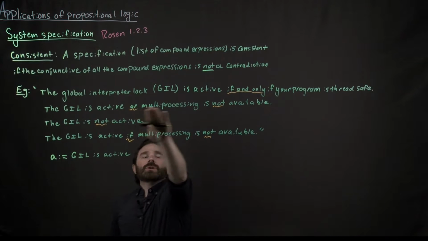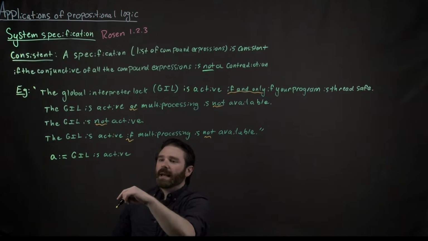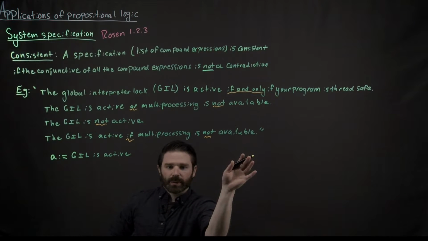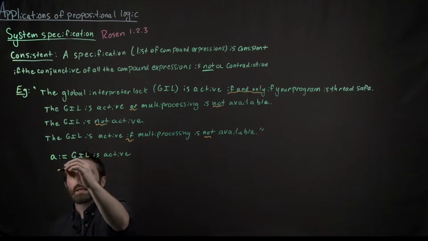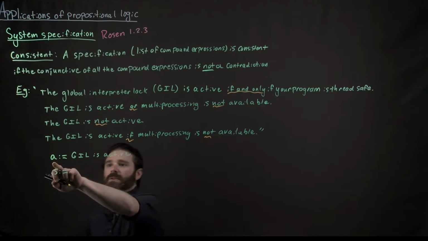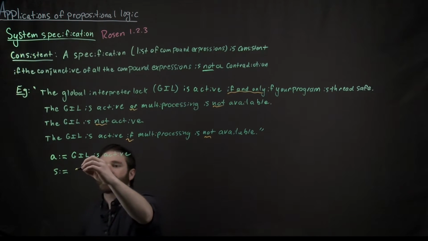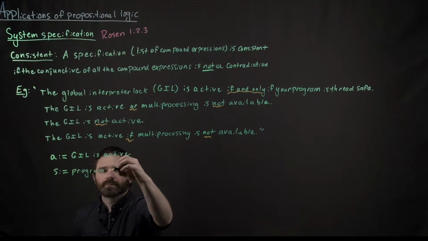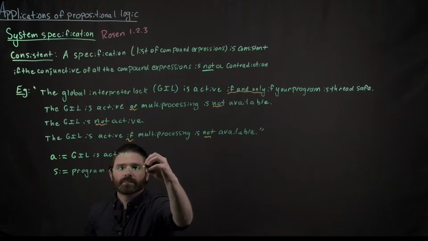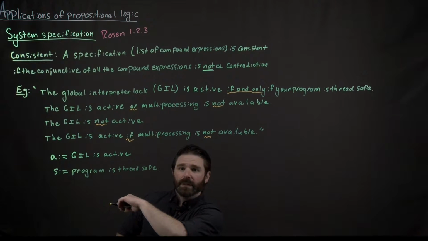Since the global interpreter lock showed up in a couple of different places, I'm going to make that be the proposition: the global interpreter lock is active. And I use A because it'll remind me that it's active. S is my program is thread safe.